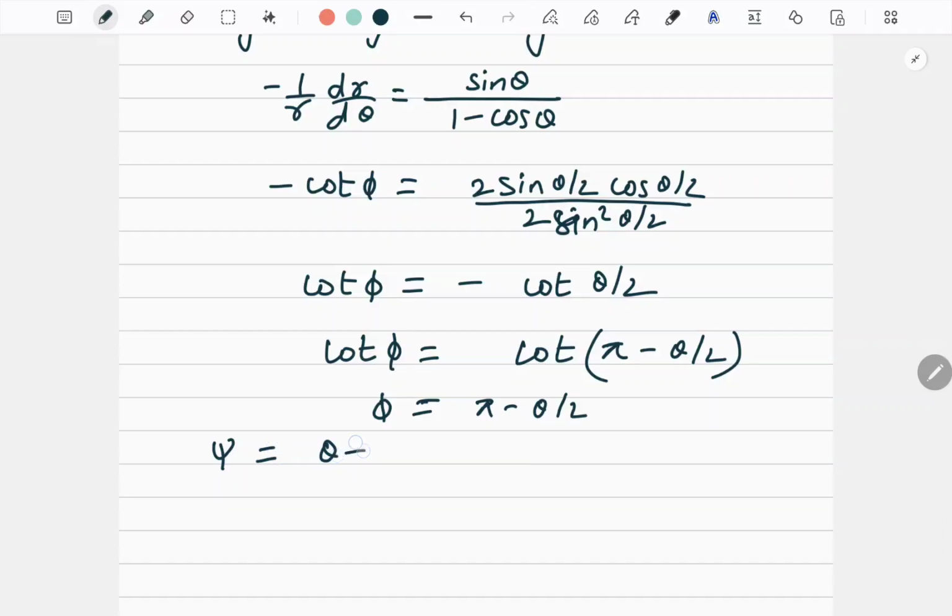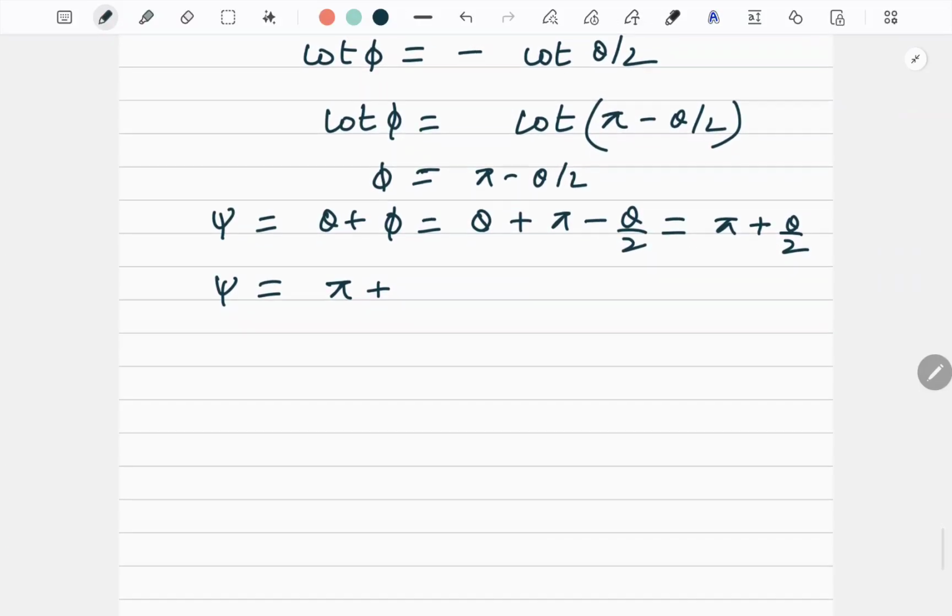Now psi is theta plus phi. So theta plus pi minus theta by 2. So this will become pi plus theta by 2. Now what is the value of this thing? Theta, look at the question, 2 pi by 3.